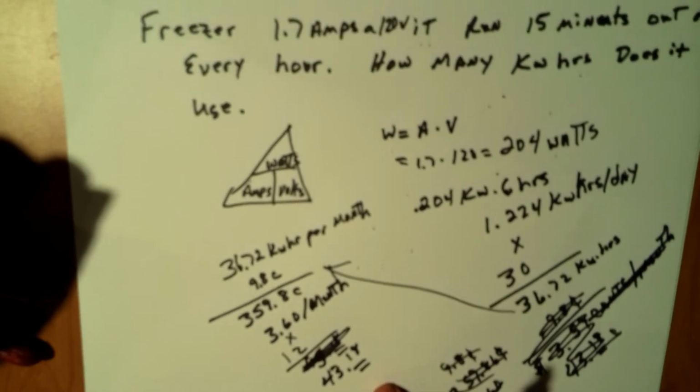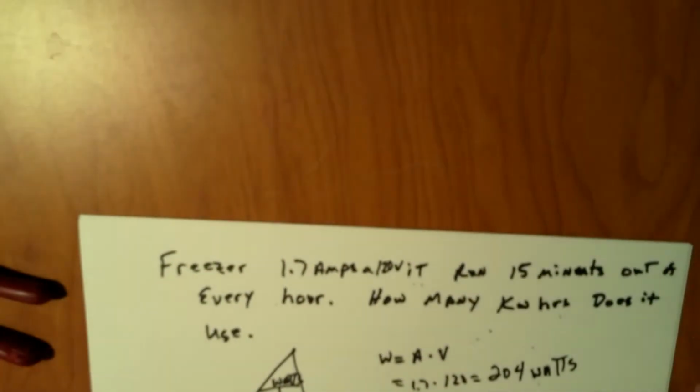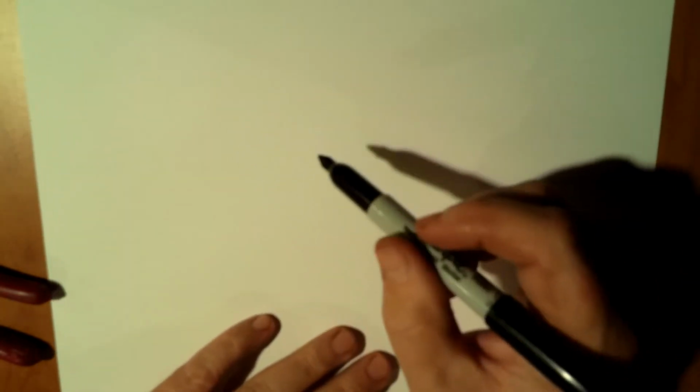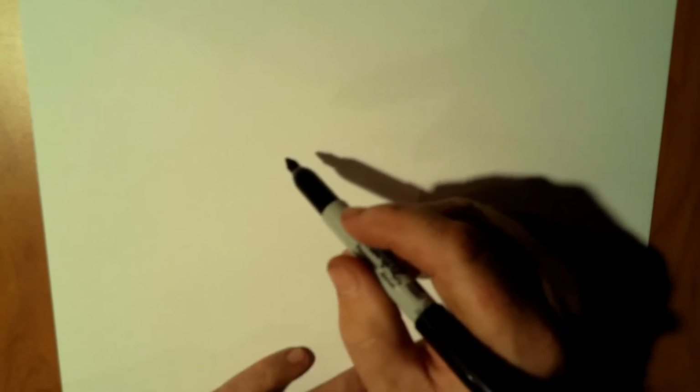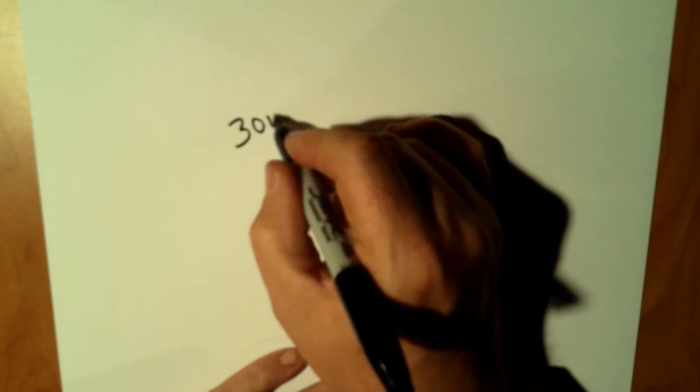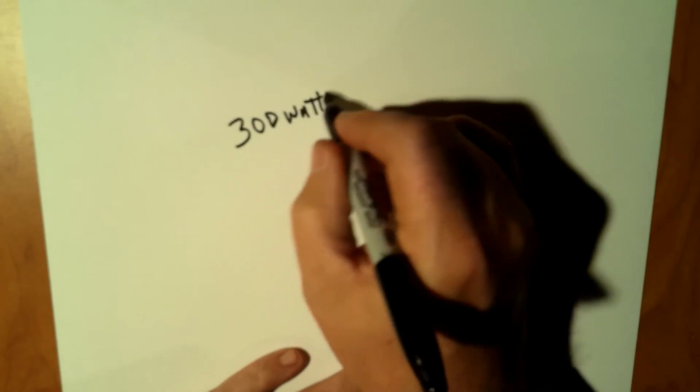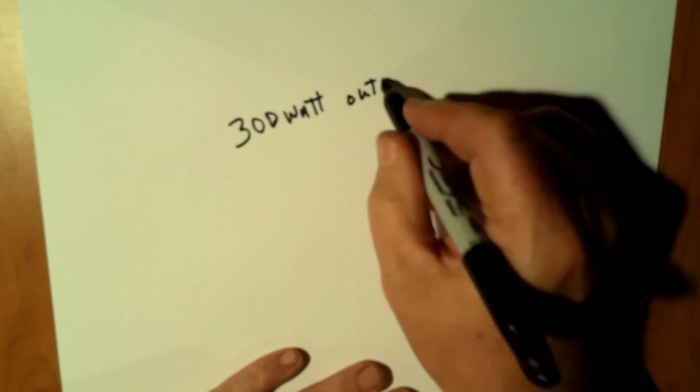Now, I want to give you another problem and let you work it out. One more. All right. Your outdoor lights. You've got a barn and you want to set up a set of outdoor lights, and you've got a 300-watt outdoor light.